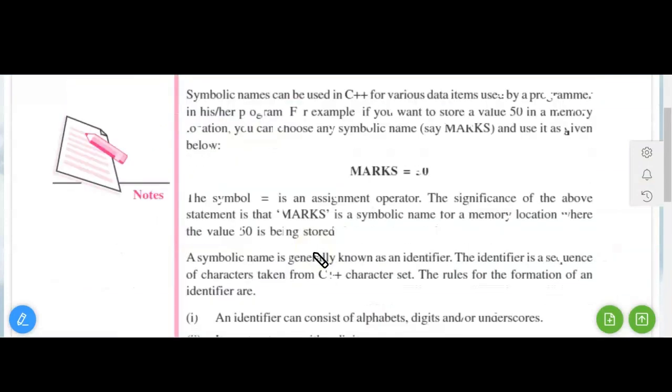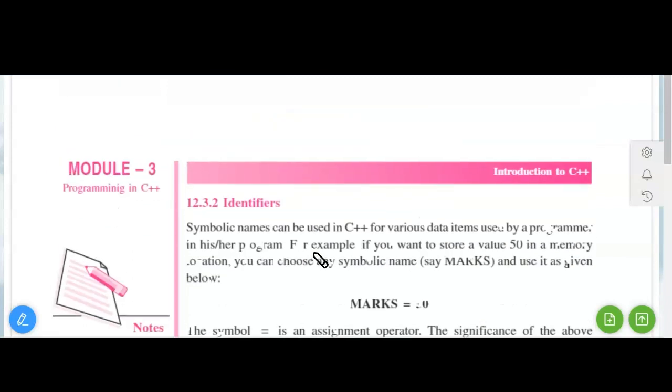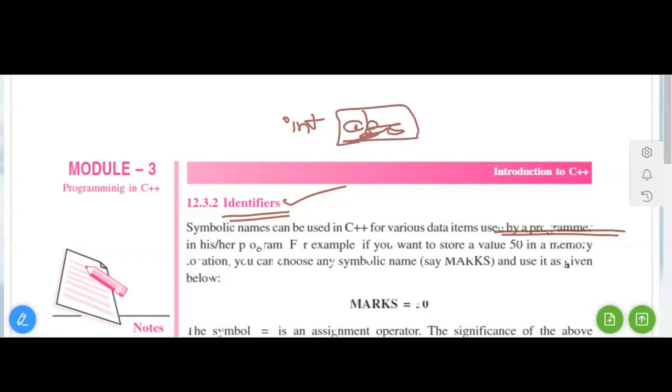The next one is identifier. So what is an identifier? Identifier, as the name suggests, is used to identify variables. Like I told you, int is the data type and ABC is the name; I can name a variable ABC. This variable's name is ABC. A method or rule is followed for this, and it is known as an identifier.